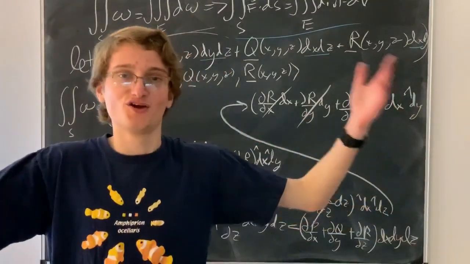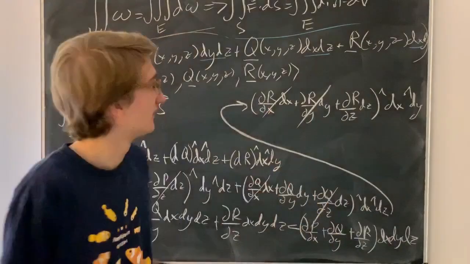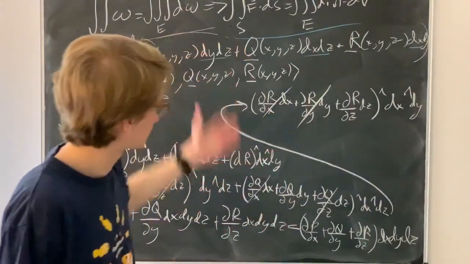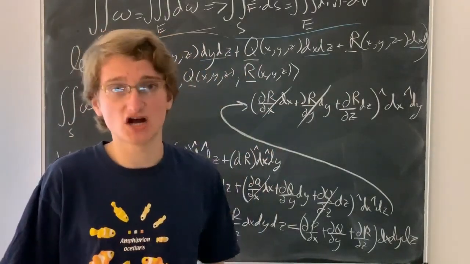We are done. That was a long video on the general Stokes theorem, but that's it. And you can really do this similarly with any of the other equations that I talked about earlier.